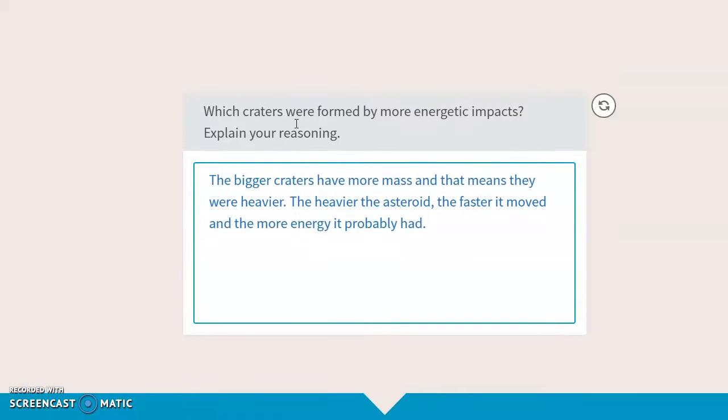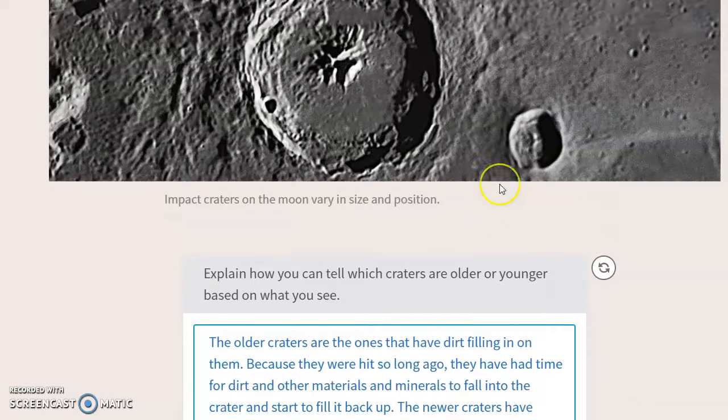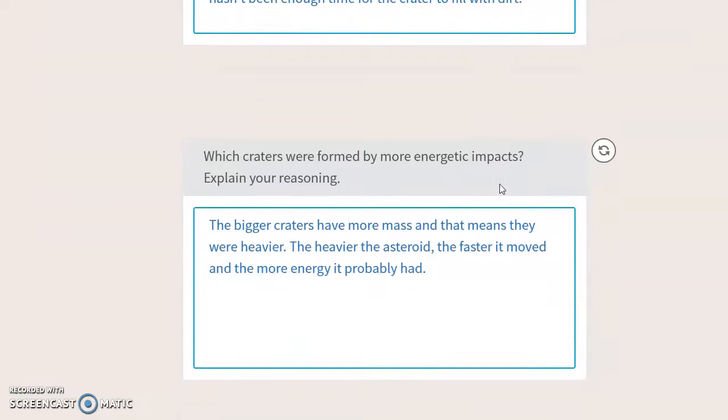Right, so small ones can move quickly too, but I am thinking in terms of gravity. Once it gets on Earth, it is subject to gravity. So a big crater has more mass and will be heavier and moving faster. Well, I shouldn't say move faster, it will create a larger impact.